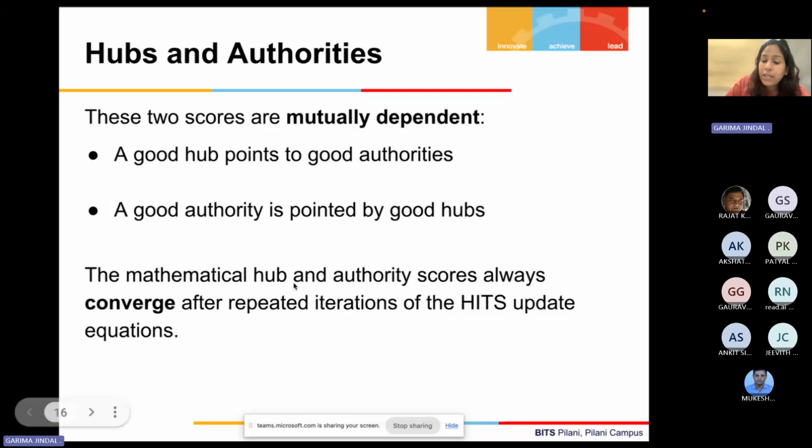Mathematically, the hub and authority scores always converge after repeated iterations. Repetitively, when we started the lecture, we saw that the trust in Ramesh's list was increasing as I was following that particular list.